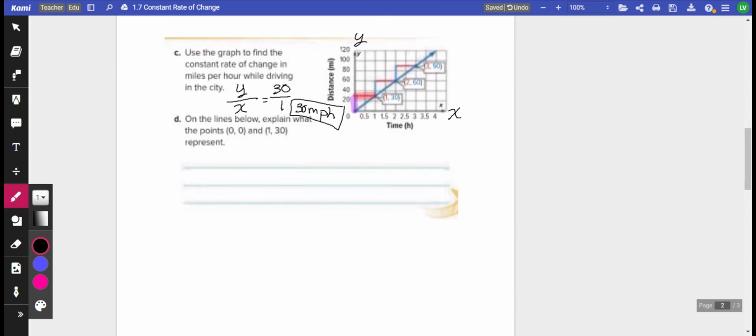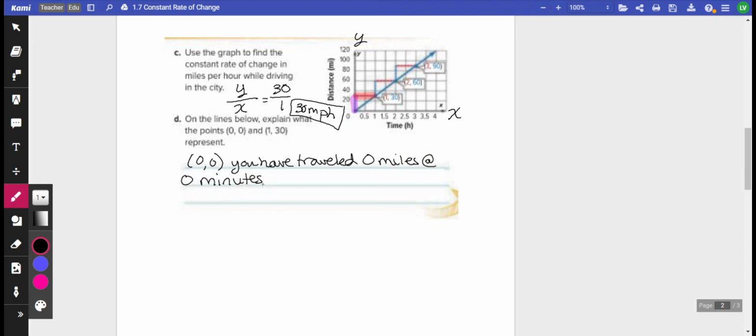Letter D. On the lines below, explain what the points 0, 0 and 1, 30 represent. Well, in this case, at 0, 0, you have traveled 0 miles at 0 hours.